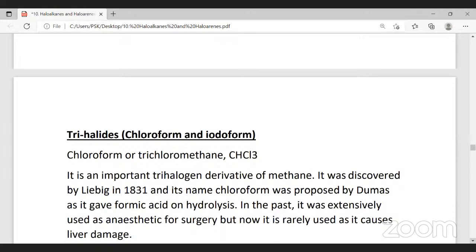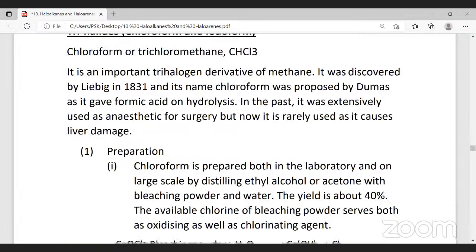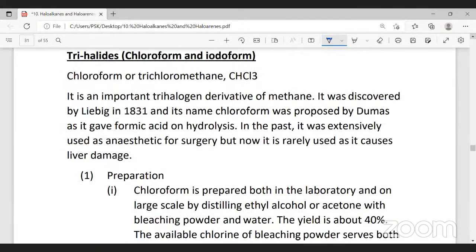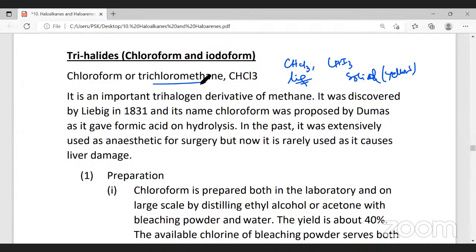Now trihalides. These all are there in your syllabus. Examples of trihalides are chloroform and iodoform. Iodoform is CHI3. This iodoform is a pale yellow solid, and chloroform is a liquid, remember. The IUPAC name of chloroform is trichloromethane.